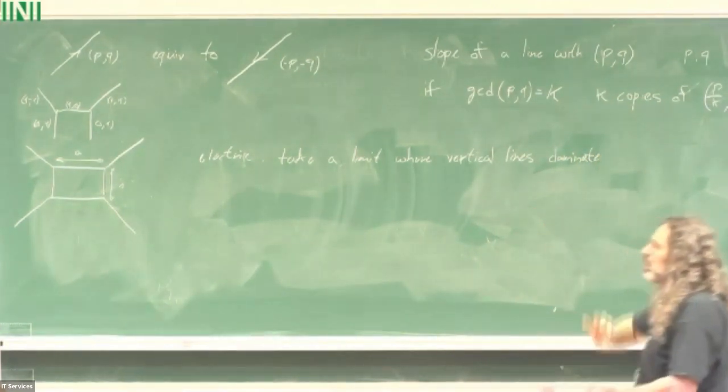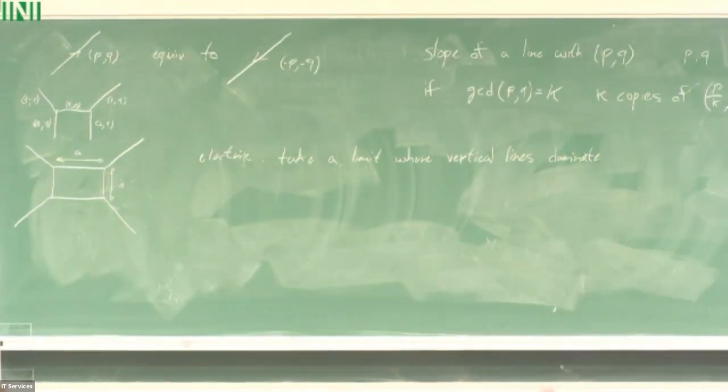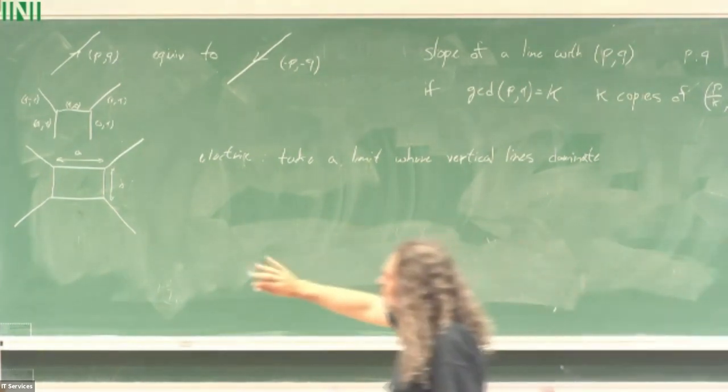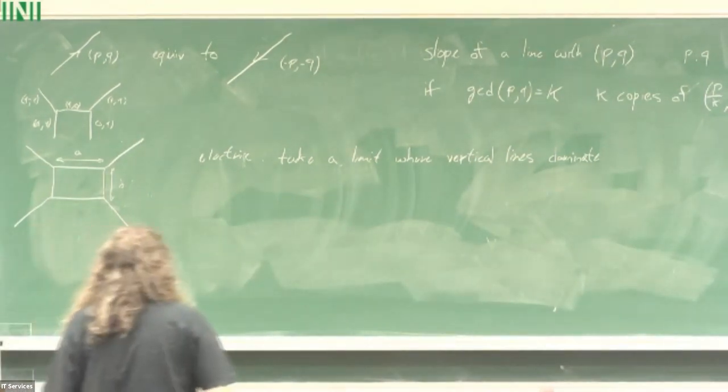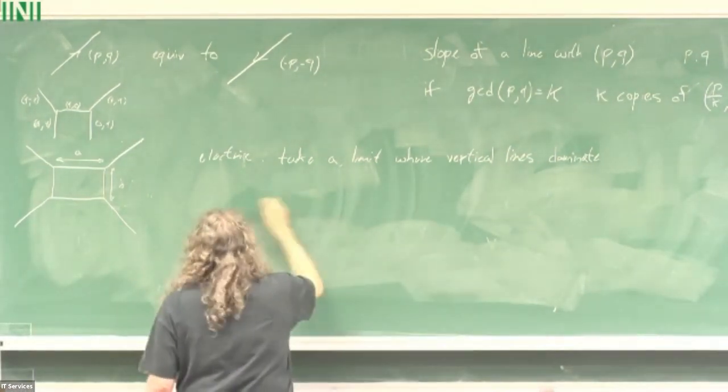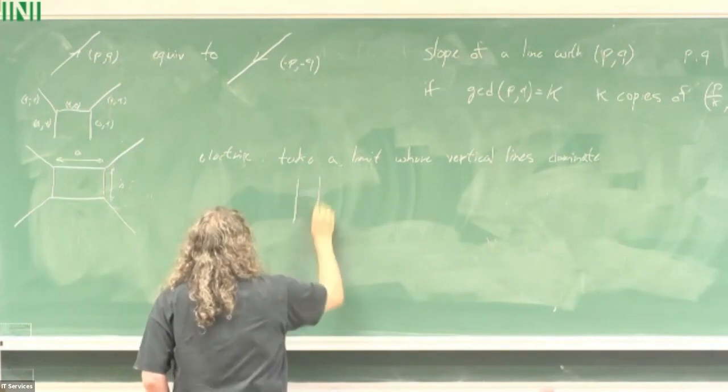So they put more weight on the slope. It's not part of my definition. I'll just use it in order to construct the quiver. So in this limit, it roughly looks like this.